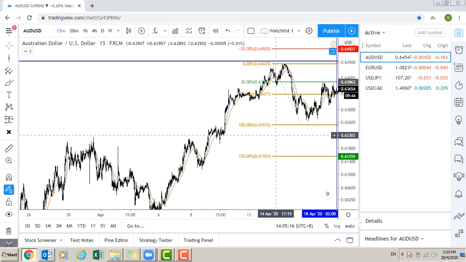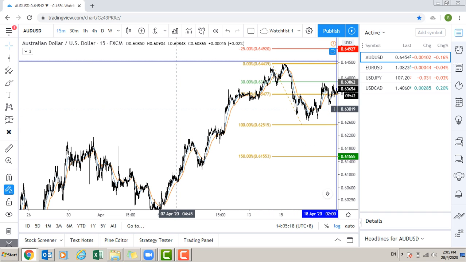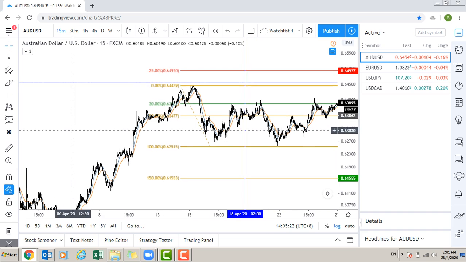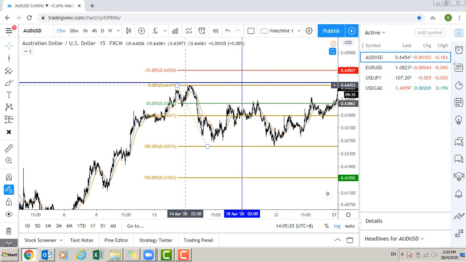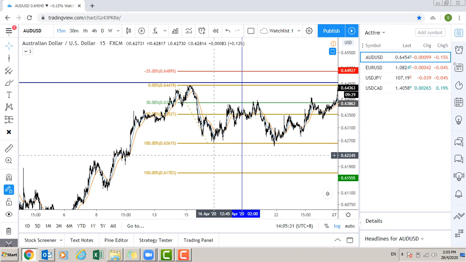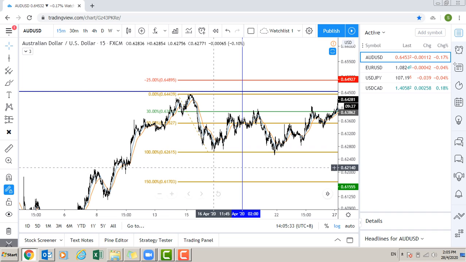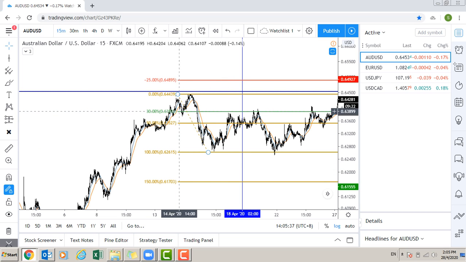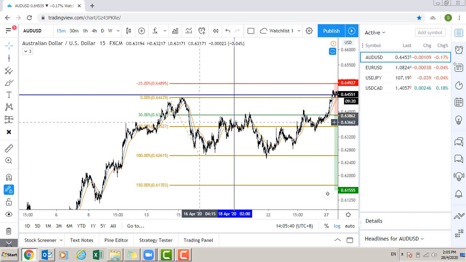In this case, I will use the Fibonacci tool to draw a line from this 0% drop to this 100%, then I set a retracement or pullback of 70%, up to this 30% line, to open a trade.